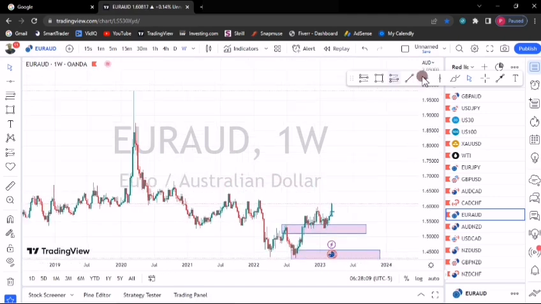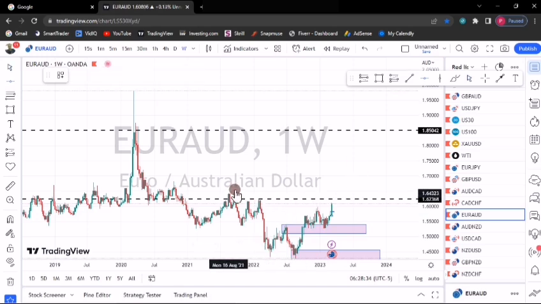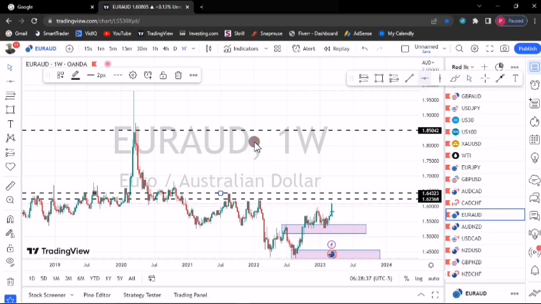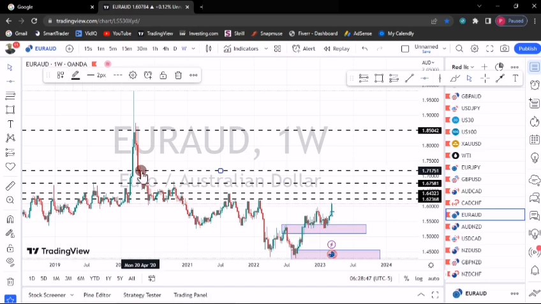Price could be coming anywhere. See that price reversed right here at this point. So price could be coming anywhere to this zone, to that zone, to that zone, to that zone.